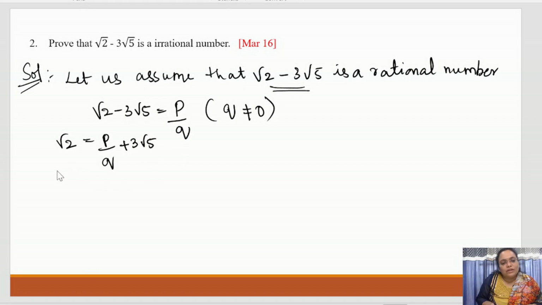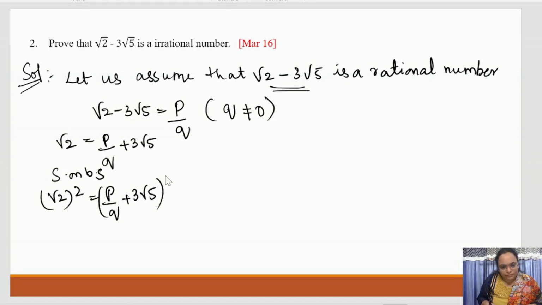Now let us do squaring on both sides. Root 2 whole square is equal to p by q plus 3 root 5 whole square. So square and root will get cancelled. This will be 2 is equal to, this is (a plus b) whole square, so this will be p square by q square, this is a square, right?